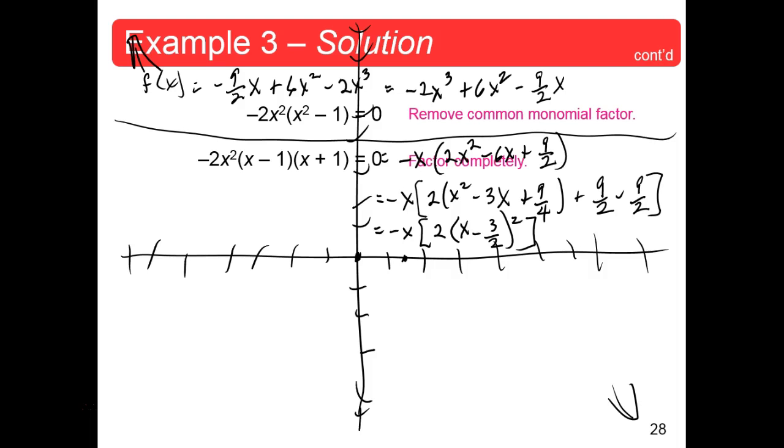So, I believe we do have all our zeros, and DB even showed up. Now, this is a double 0 because it's x minus 3/2 squared. That's a factor here.